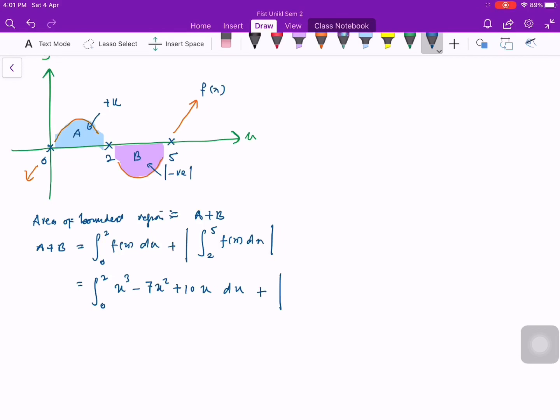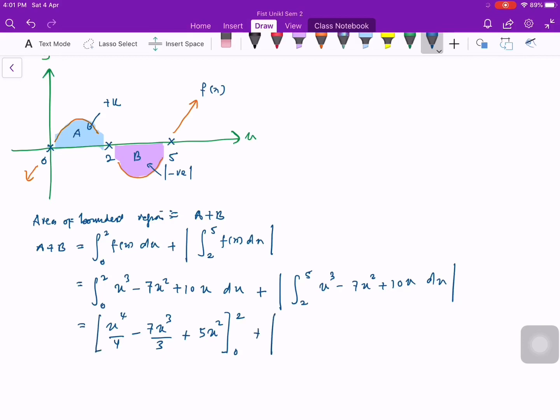Okay, so integral from limits 2 to 5, we have x cubed minus 7x squared plus 10x dx. Okay, so integrate of this function fx, kita akan dapat x kuasa 4 bahagi dengan 4 tolak dengan 7x kuasa 3 bahagi 3 tambah dengan this one, we will become 10x squared over 2. Dan bila saya simplify, saya akan dapat 5x squared. So we have a limit from 0 to 2.